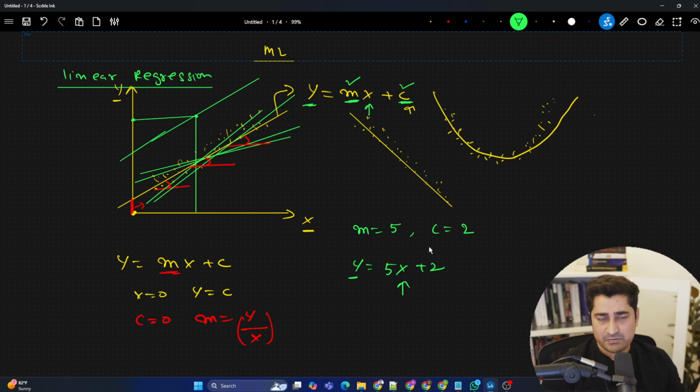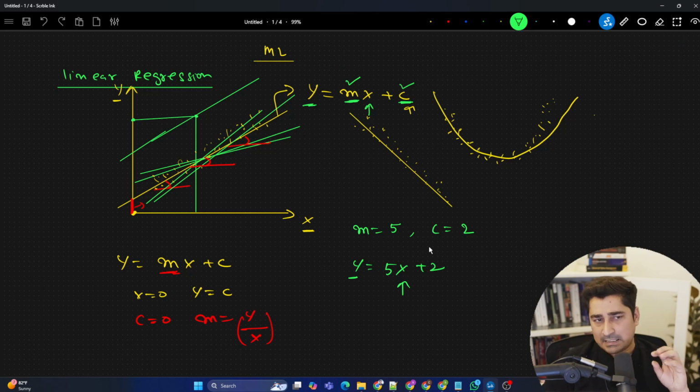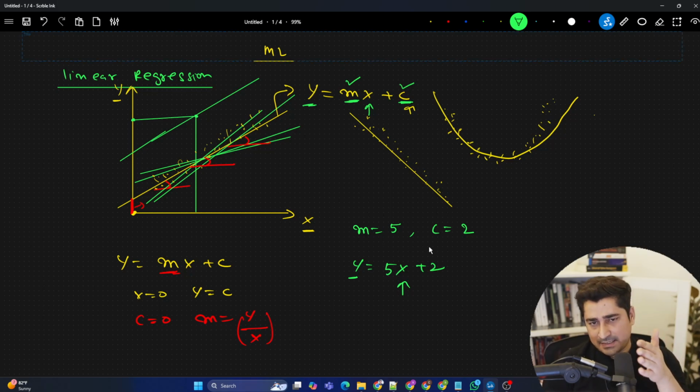And linear means that the data set has some sort of linearity in nature, and based on that linearity, we are trying to fit some sort of line over here. Now to fit those lines, I need a value of M and I need a value of C.